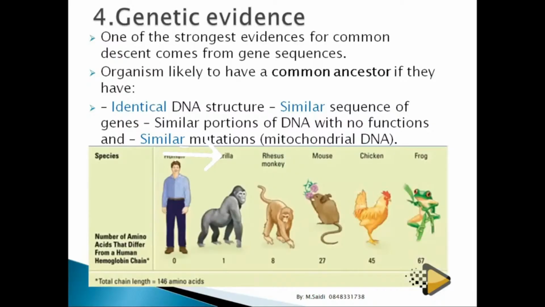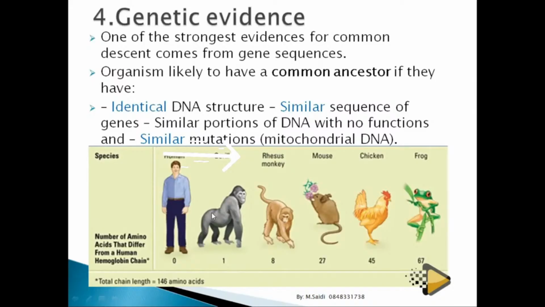Then if you look at this picture, it shows the different genes in different organisms and the percentage differences in the gene. A human with another human has 0% difference in the gene for hemoglobin. Humans with chimpanzees have 1% difference.